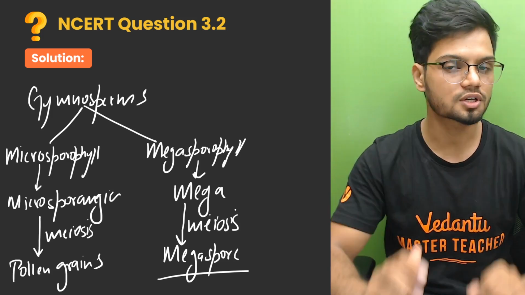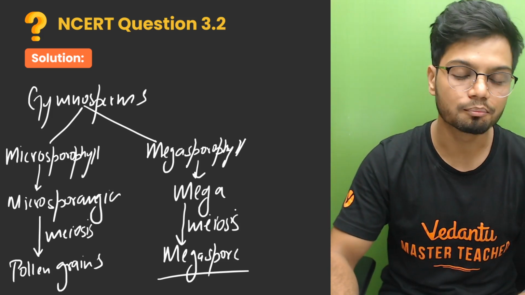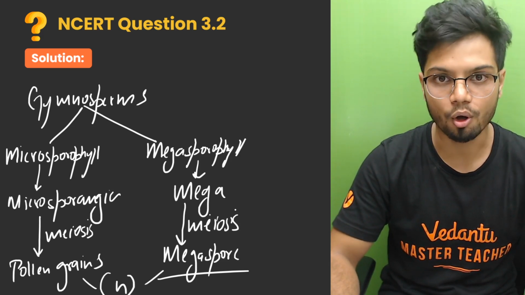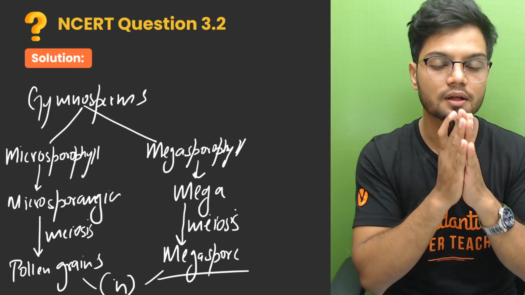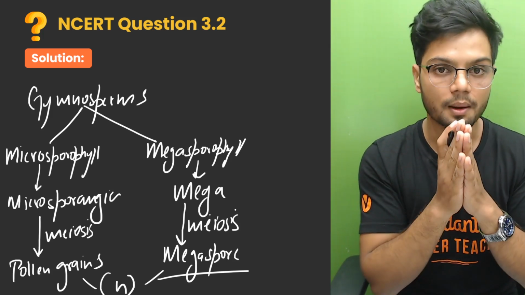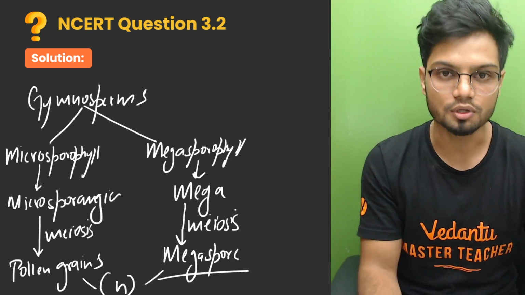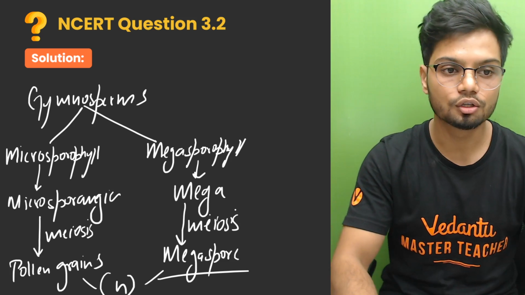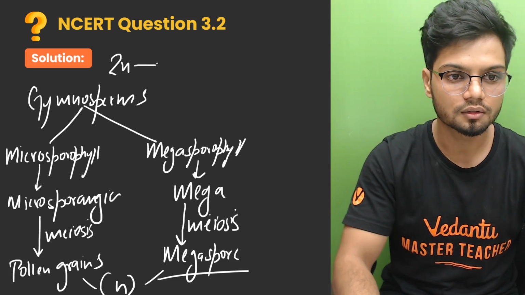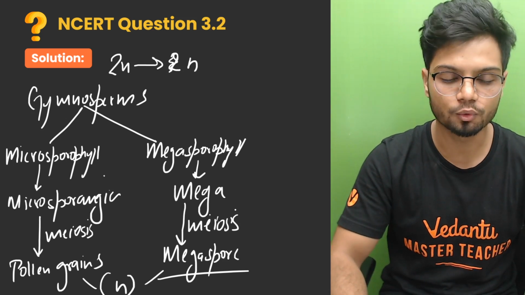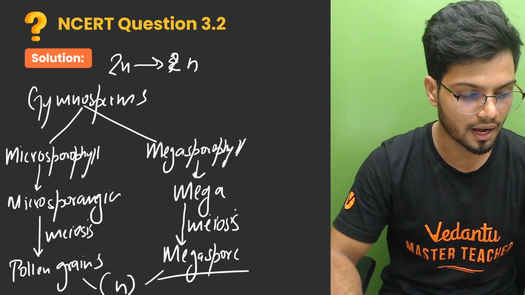So we get two different structures, micro as well as mega, and both are haploid. As I mentioned earlier, wherever there is formation of spores or gametes, meiosis takes place, because there is a decrease in ploidy, 2n to n.